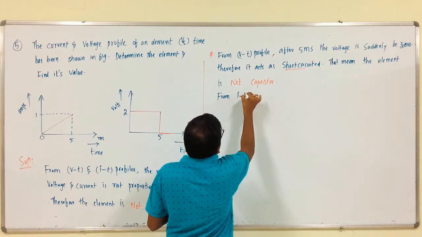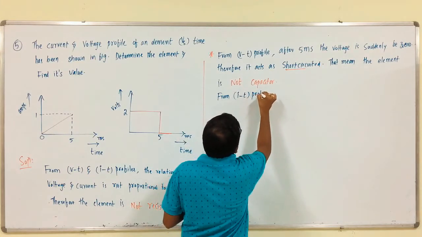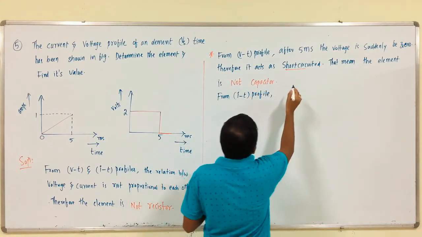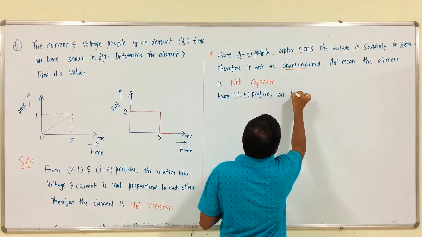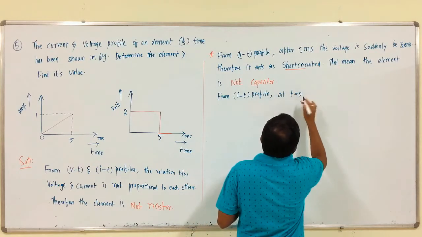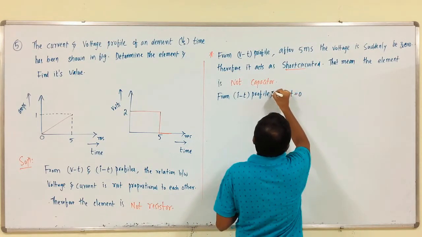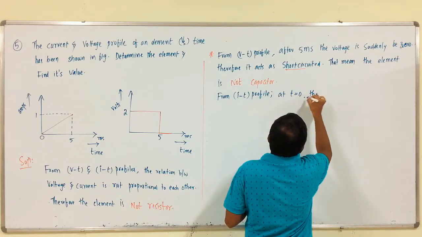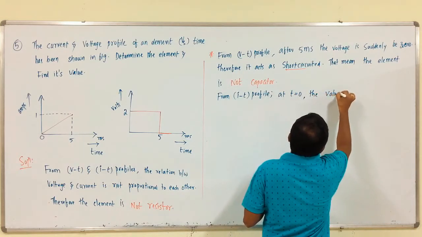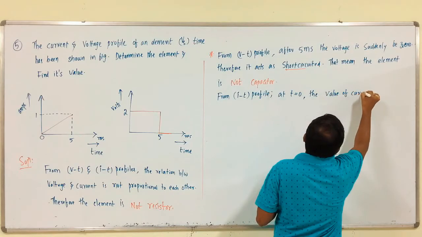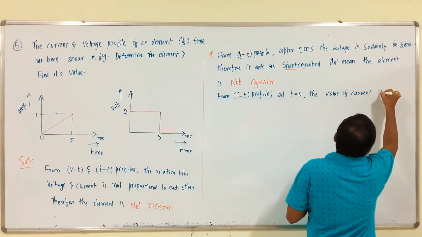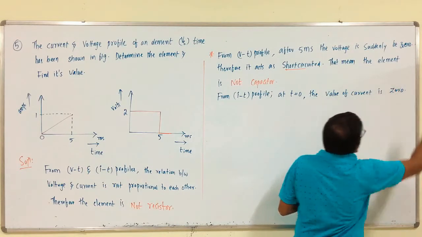From current and time profile, at t is equals to 0, the value of current is 0.